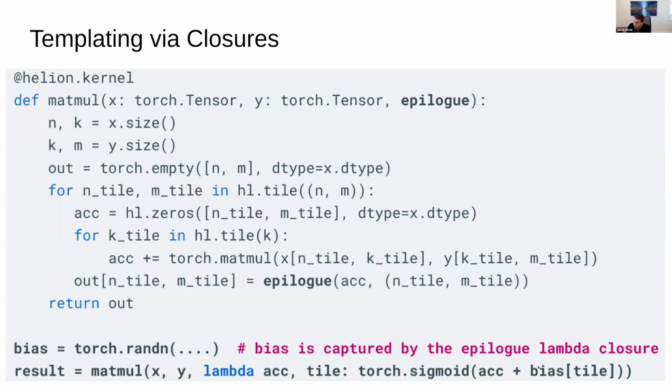And supporting closures this way actually makes these lambda functions much more powerful because you can have epilogues here that require new input data. And you don't need to do the work of threading these extra inputs that are needed by functions as arguments to both the wrapper code and then also the kernel itself.